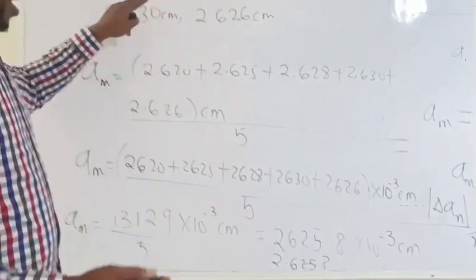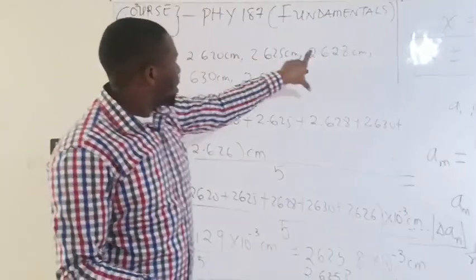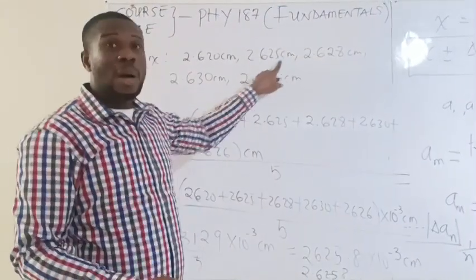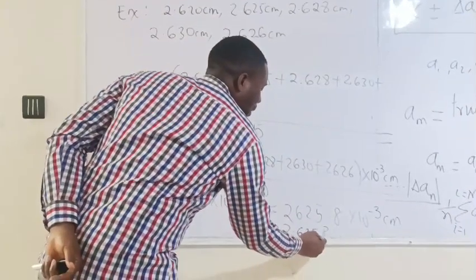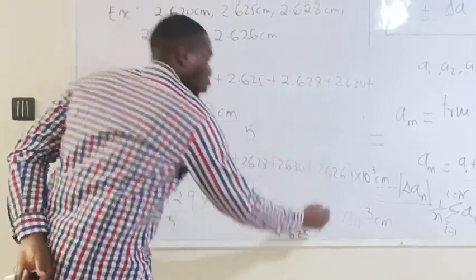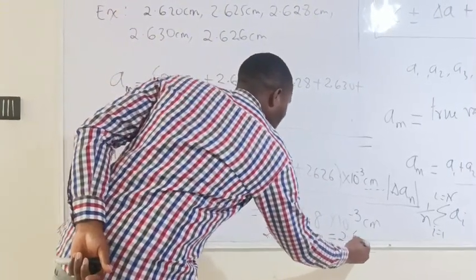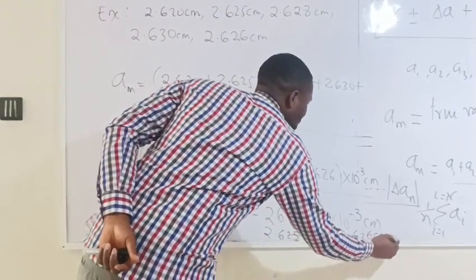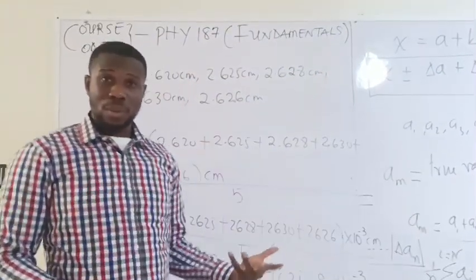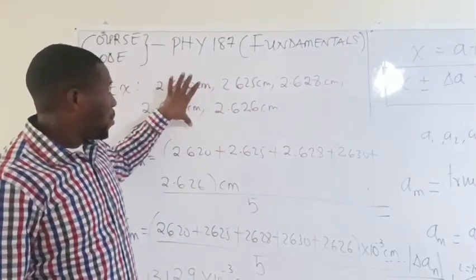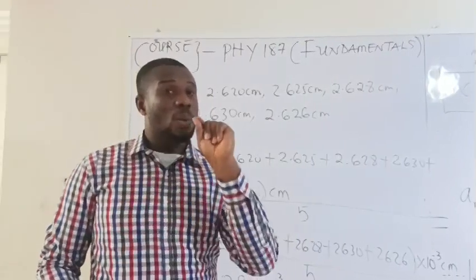Since these measured values were given to 3 decimal places, I have to take that into account. After the third decimal place, I have an 8, so we round up, and this becomes 2.626 centimeter. Now we'll talk about the absolute error in each of these measured values, and I could take the mean, and that would determine what the error is.